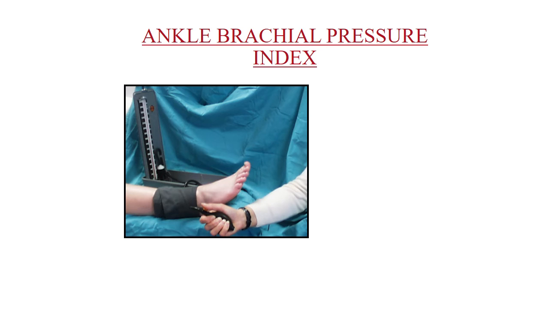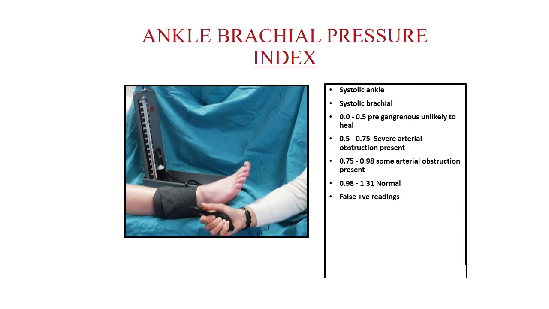Another test for peripheral arterial disease is the ankle brachial pressure index. We measure the brachial systolic blood pressure and the ankle systolic blood pressure, and we divide them, so we get the ankle brachial index.